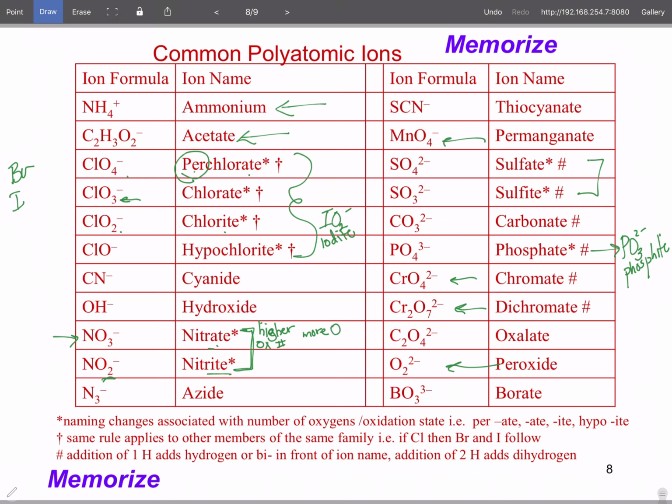You have permanganate, which is a common one that you need to know. We'll actually go over this rule here when we get to the nomenclature. I throw it in both places so that you can look at it and start to see what's going on. But you want to go ahead and start memorizing this list.